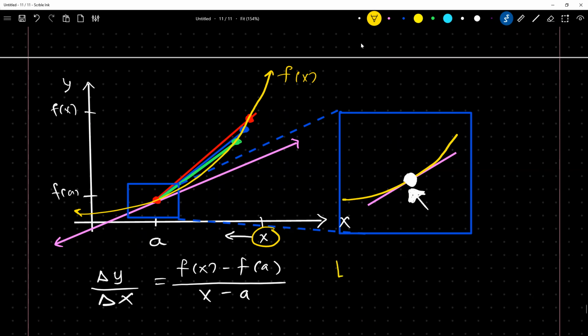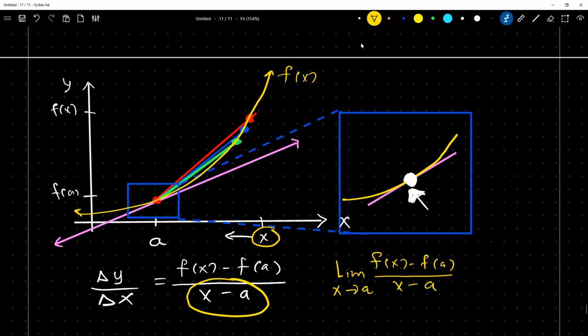We say we will take the limit as x goes to A. Now we can't let x ever equal A, because then we'll get 0. But we can get infinitely close to A. And then we've got this expression here, minus f of A, which is giving me the slope of that tangent line.